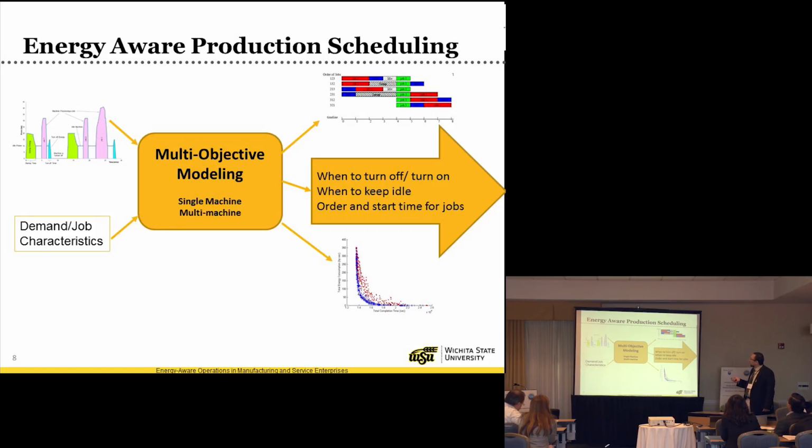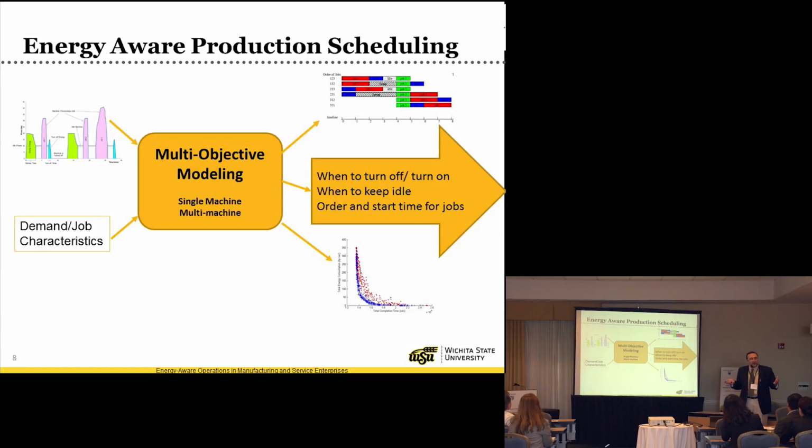Anybody who has been in this area has some mathematical models, most of the time multi-objective, either on a single machine or on multiple machines in different setups like parallel machines, group technology, flexible workshops, etc. The final result is some feasible schedules and a Pareto front with respect to the different objectives that you have.